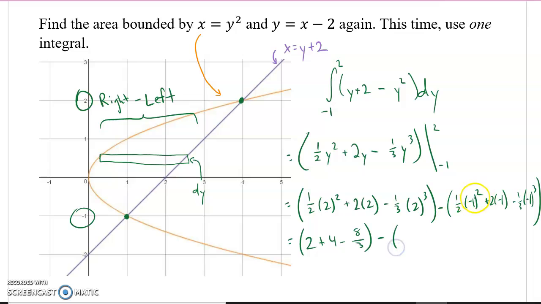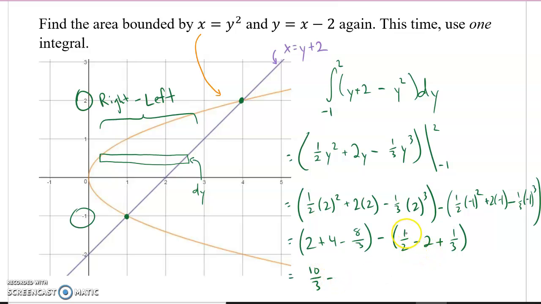The second bit, well, this negative turns positive because of the even exponent. This is a -2, and this negative does not turn positive because it's an odd exponent, so it's a -1 times -1/3, so that does turn positive to plus 1/3. And then we can simplify from there. We get 6 minus 8 thirds, or 18 thirds minus 8 thirds, which is 10 thirds.